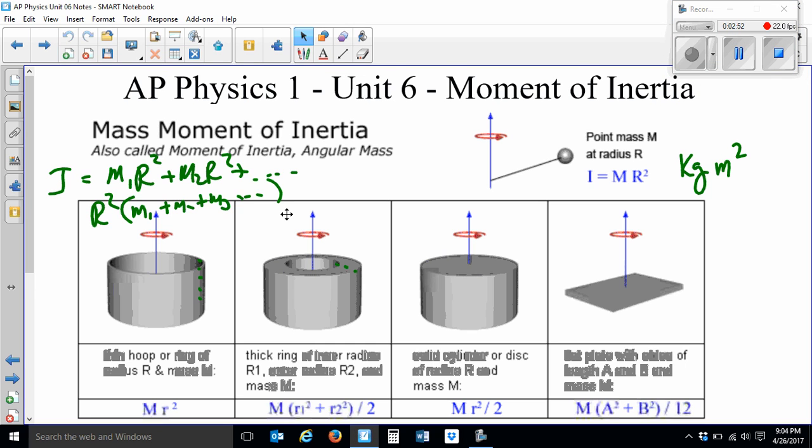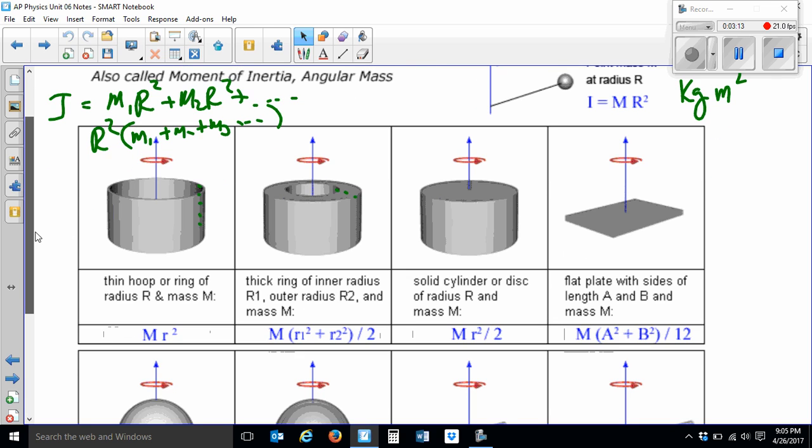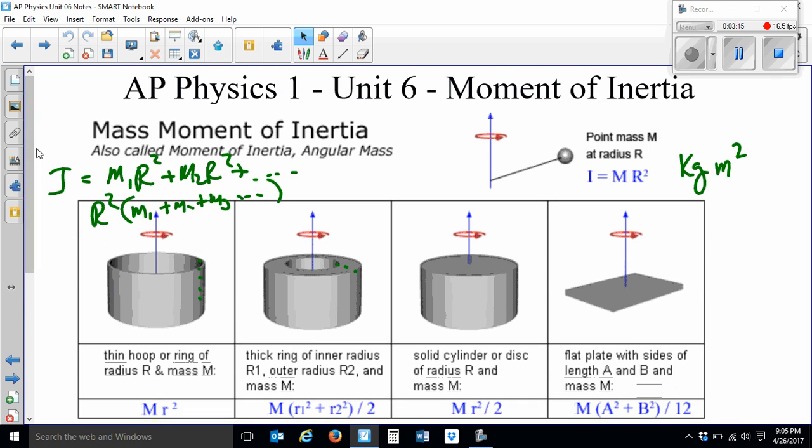So here's just a couple examples. We represent the idea of moment of inertia, sometimes called angular mass or angular inertia, or various other things, with the letter I. Yes, we've used that for current before, but if you're talking about motion, it is your moment of inertia. I for inertia.